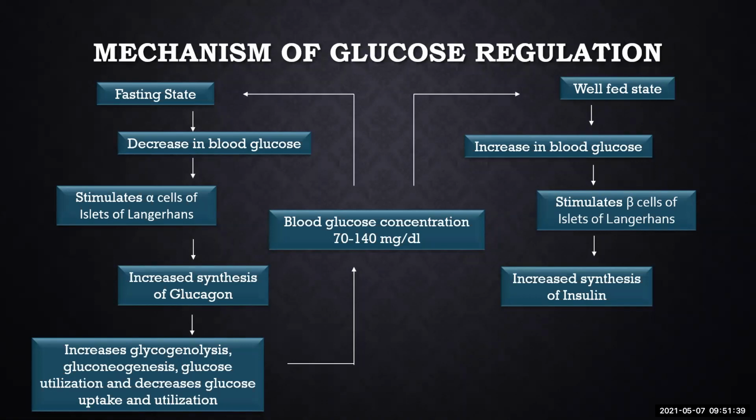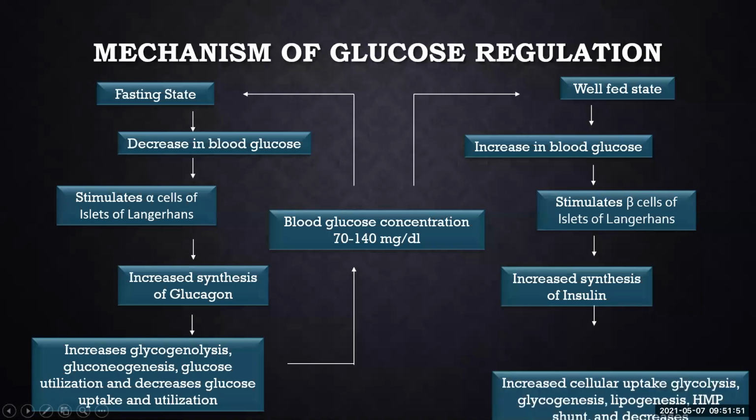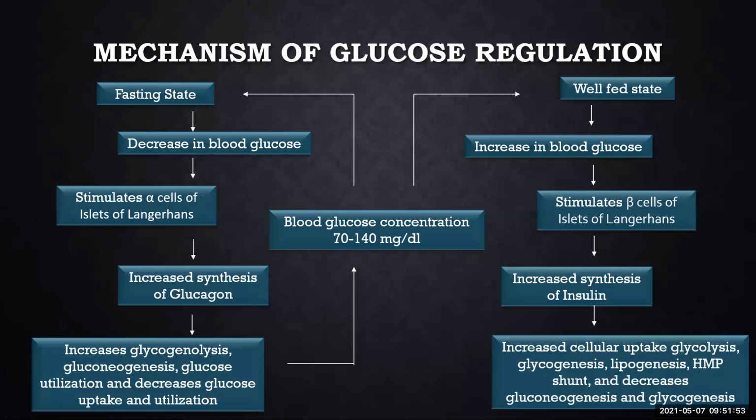So whenever the blood glucose goes more than 140 milligram per dl in a well-fed state, our body increases the synthesis of insulin in beta cells of islets of Langerhans. Insulin increases the utilization of glucose and brings blood glucose level back to the range by increased cellular uptake.